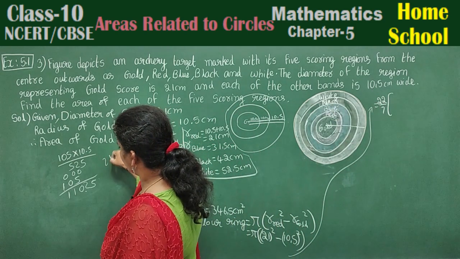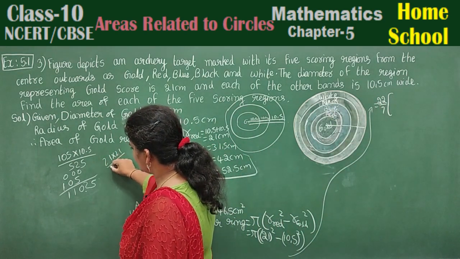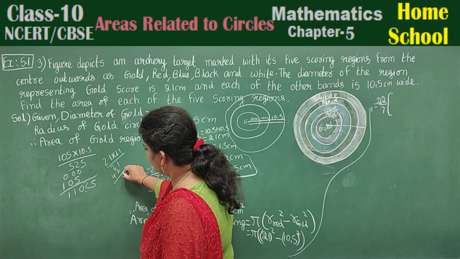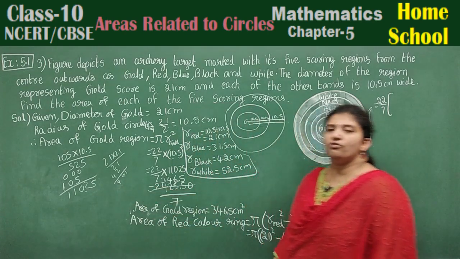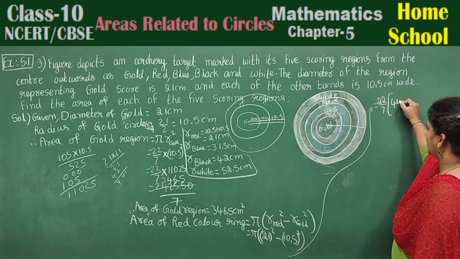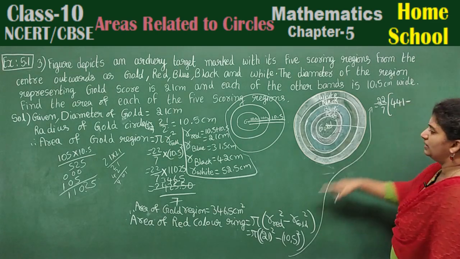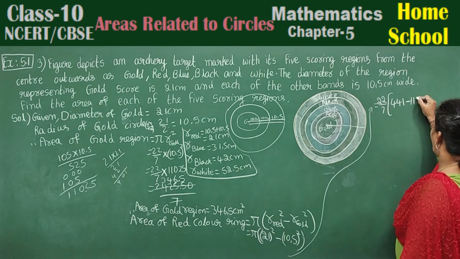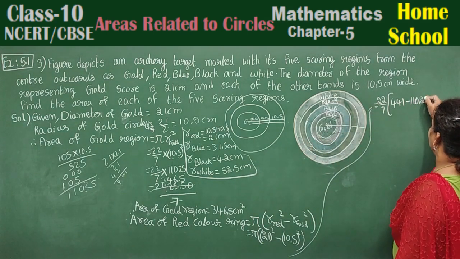Let's calculate here. 21 21s, 21 and here it will be 4 1 4 4. This is 441. 21 square is how much? 441 minus 10.5 whole square. Already we have there 110.25.